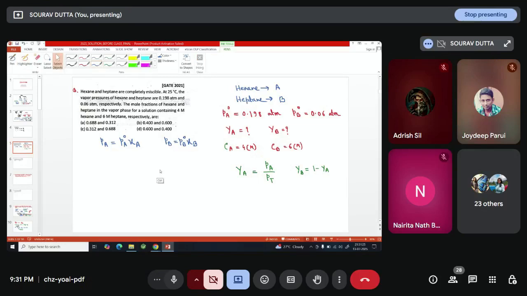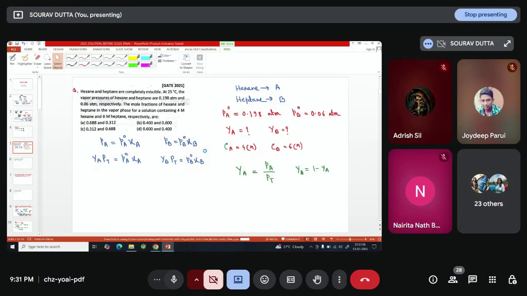Okay, now we can write PA equals YA into PT, total pressure, equals PA naught XA, and YB into PT equals PB naught XB.